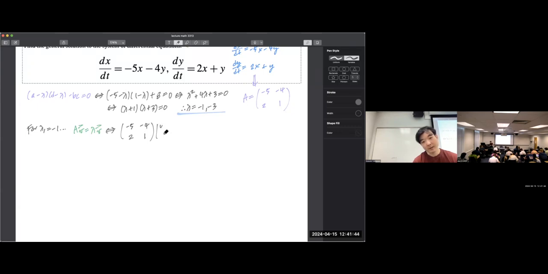Our vector is u, v. Our lambda is -1, right? So -1 times u, v translated to an equation will end up being 5u minus 4v is equal to -u. And then 2u plus v is equal to -v.